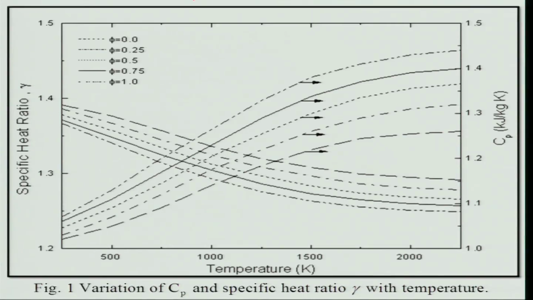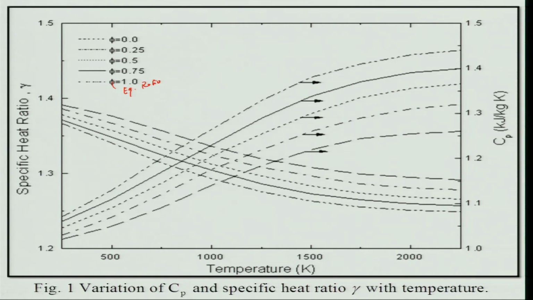So, let us look at how Cp will vary with temperature, because across the engine it changes from temperature 300 Kelvin to even 2000 Kelvin, particularly if an afterburner is there. If you look at the Cp values, they depend on phi. What is this phi? Phi is basically the equivalence ratio, which we have already defined.